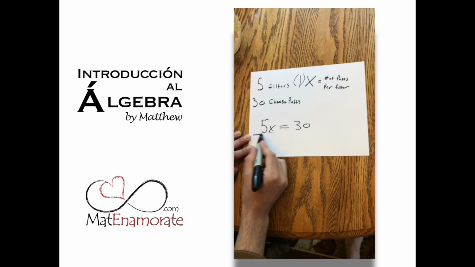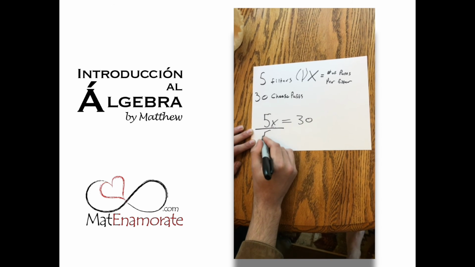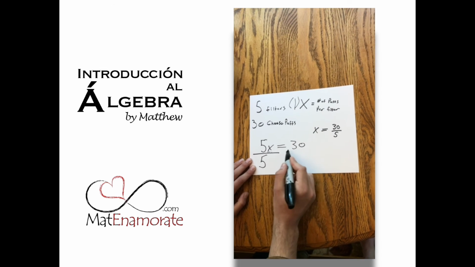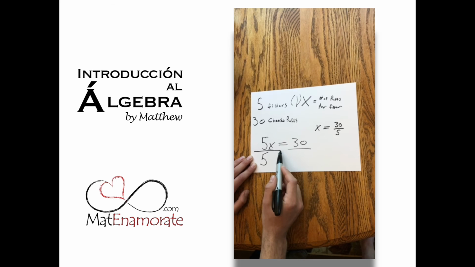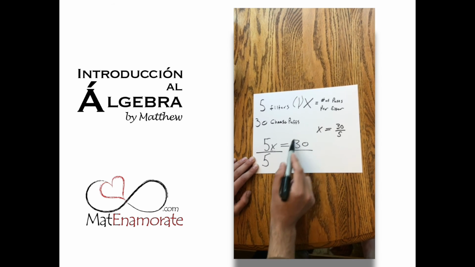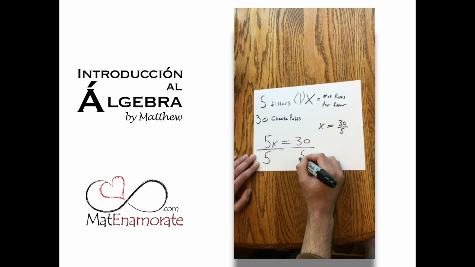We will divide this side of the equation by 5. And we will do the same to the other side, because what you do to one side of the equation, you must do to the other. So we will divide 30 by 5 as well.